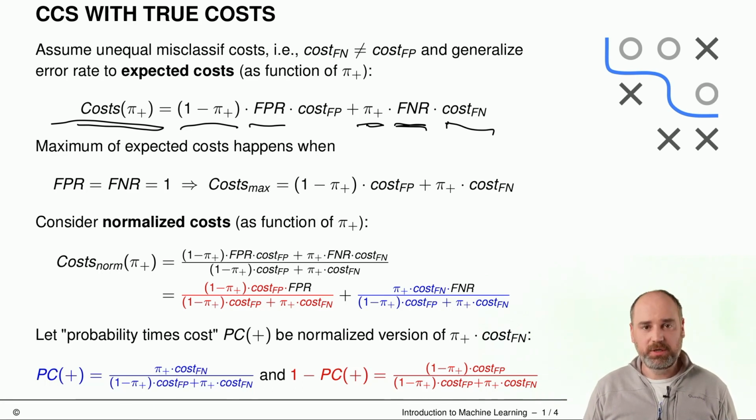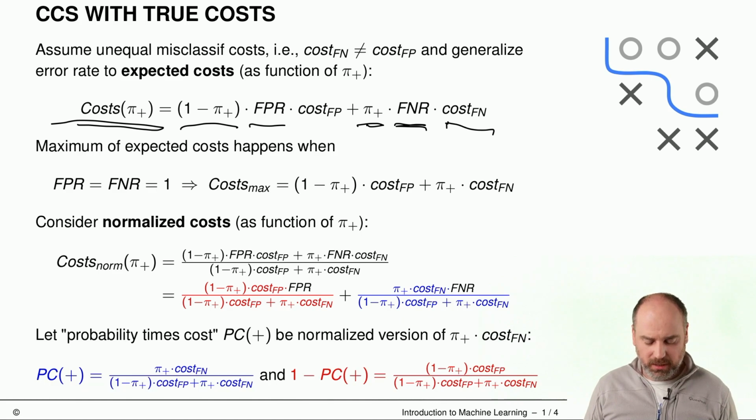The first thing we could do is consider what the maximal costs are that we could incur from that formula. I guess that happens when we have a classifier that mislabels everything, so when the false positive rate and the false negative rate are both 1. That's the worst case that can happen. One could debate whether we could consider a different setting, because that would be a perfect classifier if we swapped around the labels, but formally it's the worst thing that can happen.